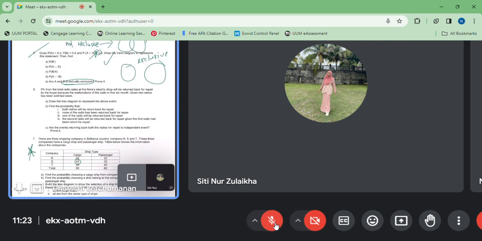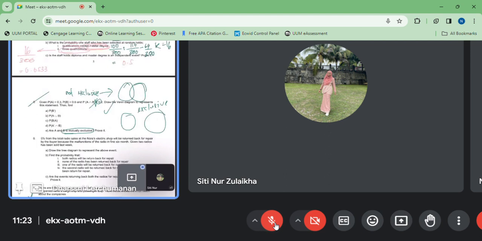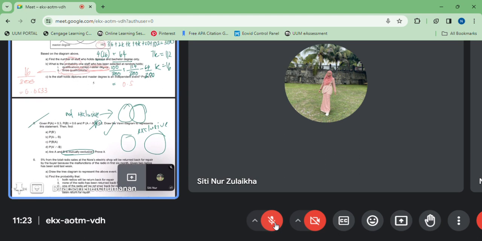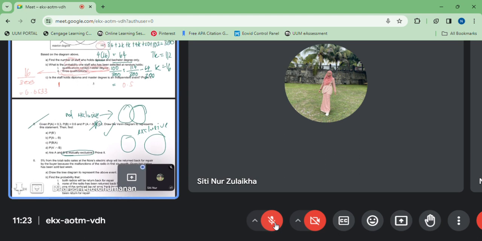Okay, this one. Is the staff holding diploma and master degree an independent event? If independent, the probability of diploma given master equals the probability of diploma and master over the probability.